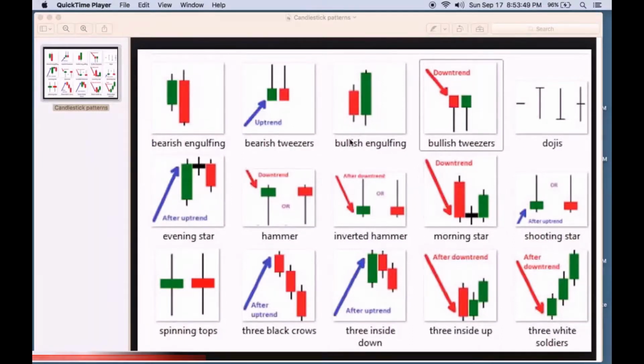Out of all of the patterns, I've noticed that the engulfing patterns would be the most reliable to me, as far as signaling a change in trend or whatever is going on. So what I'm going to do is show you guys an example of an engulfing pattern on a chart and what it kind of means.